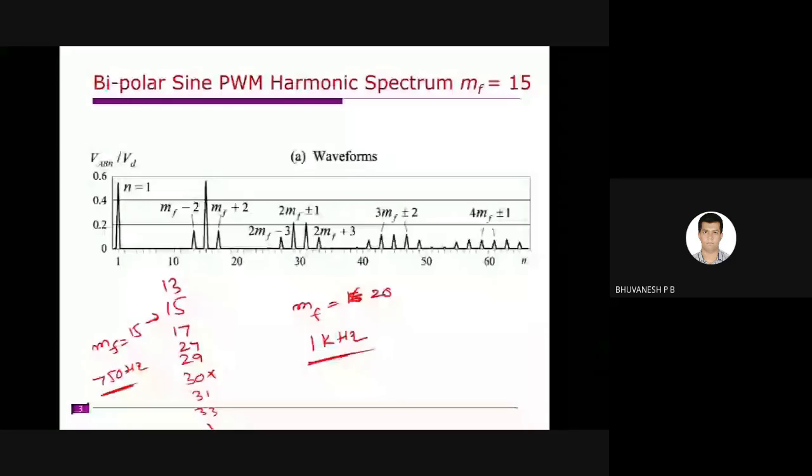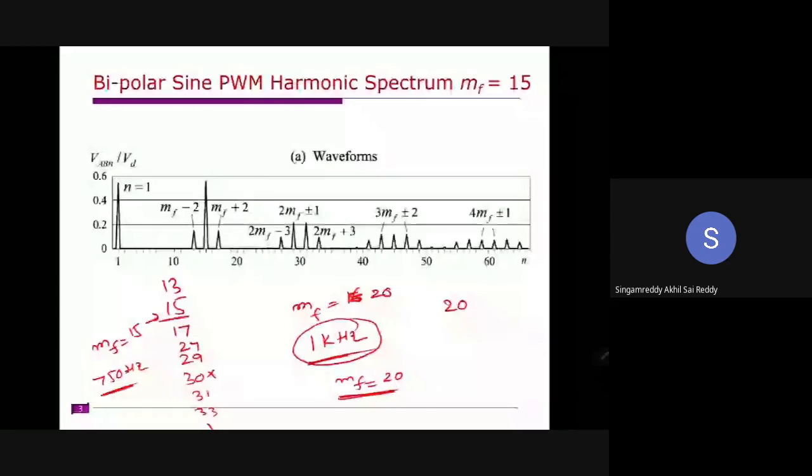Now we will see what the drawbacks are if we select a 1 kHz carrier. Corresponding to this, MF will be 20, agree? What order of harmonics will you get? Corresponding to MF, you have a harmonic at the 20th order, just as with MF equal to 15 you had a harmonic at 15.